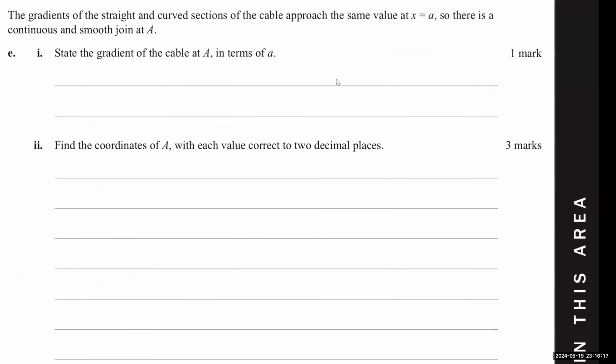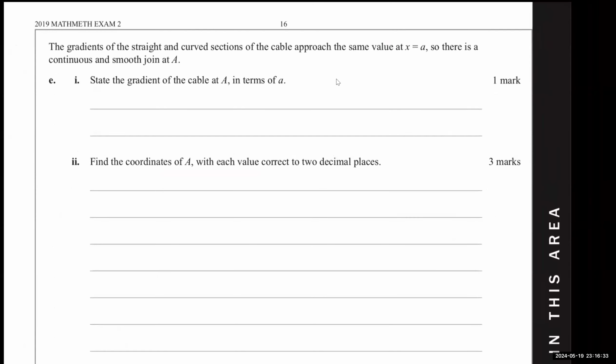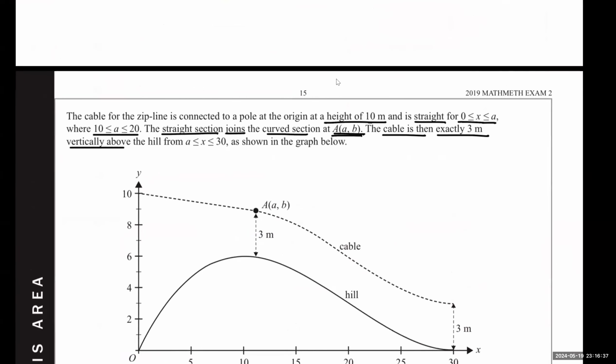All right. The gradient of the straight and the curved section of the cable approach the same value at x equals a, so there is a continuous and smooth drawing at a. State the gradient of the cable at a in terms of a. Because we defined this c of x at a point a, we have c of a, okay? And at this point, this is (0, 10).